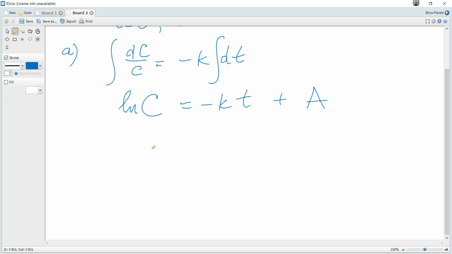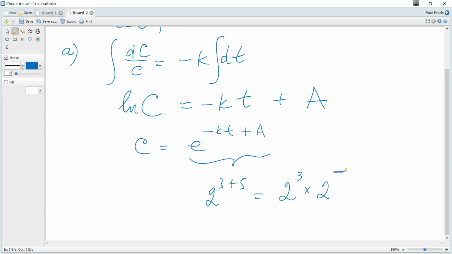Then how do we undo this log? ln is log to the base e, and you remember that log base 2 of 8 is 3. Why? Because 2 cubed is 8. And it means that e to the power of this is equal to C. So C is e to the negative kt plus A, and it looks like 2 to the power of 3 plus 5, which is 2 to the power of 3 multiplied by 2 to the power of 5.